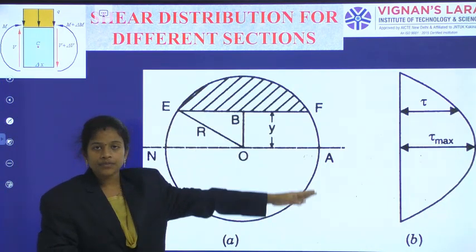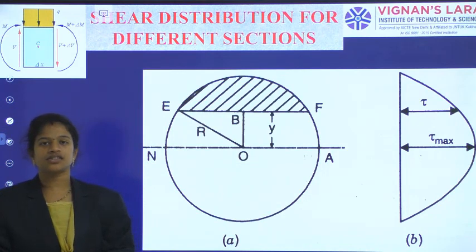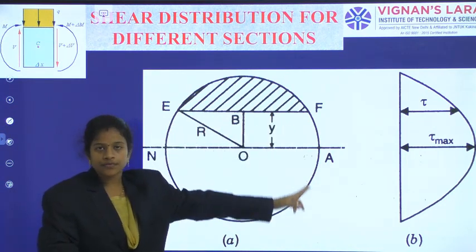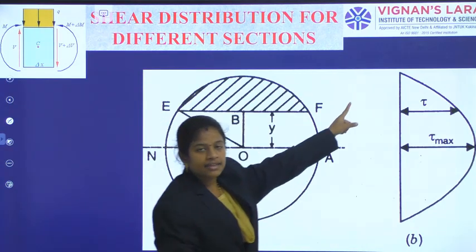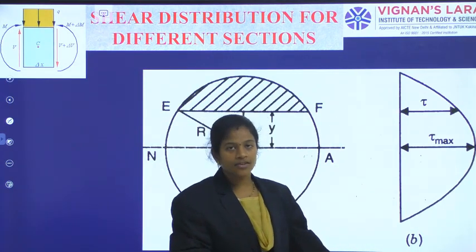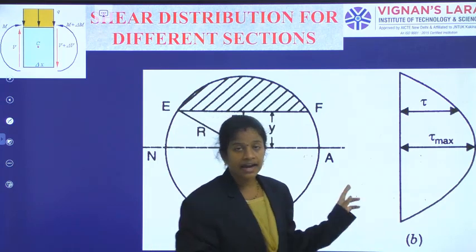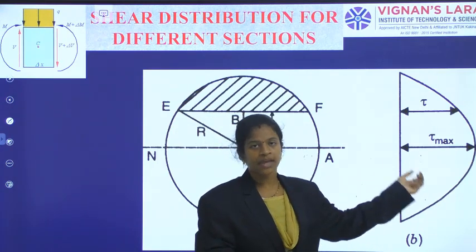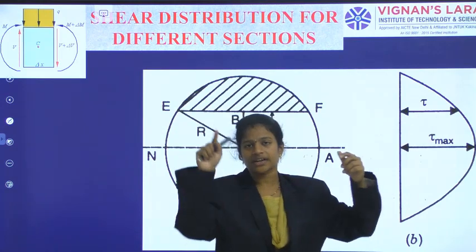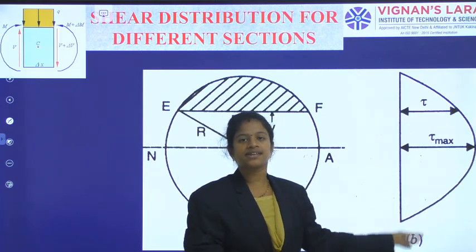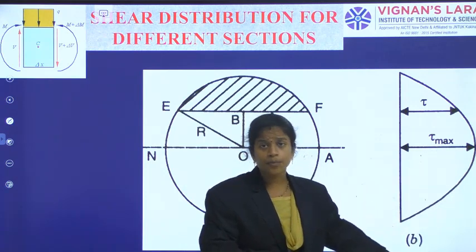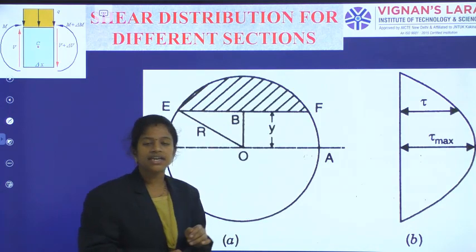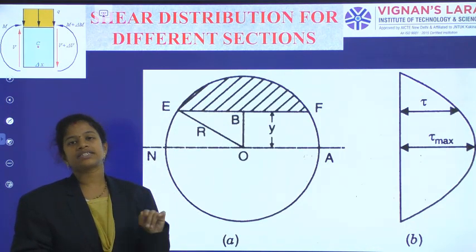So, when we indicate the picture of the shear stress distribution, a vertical line indicates the depth of the beam, and at the extreme top and extreme bottom I have found 0 as the shear stress. And at the neutral axis, I have found the maximum shear stress that I have indicated as tau maximum. And at any other random point, we have indicated the tau value. So, this is the shear stress distribution diagram, and all the connecting points are through a smooth parabola, because the tau equation is F by 3I into r square minus y square.